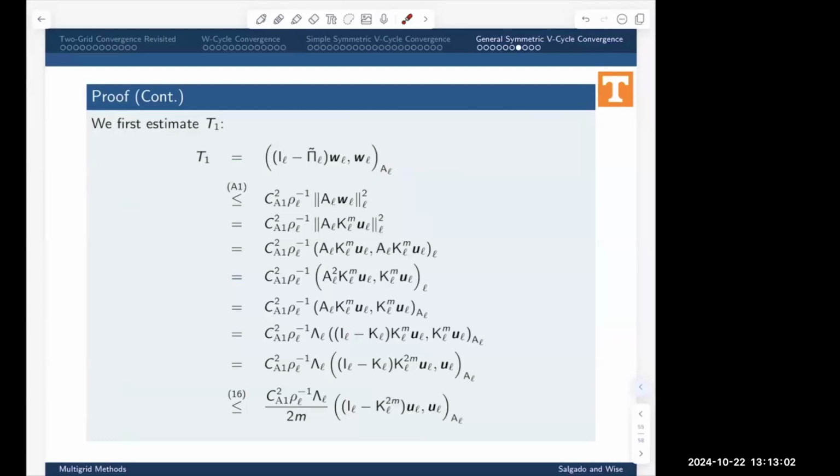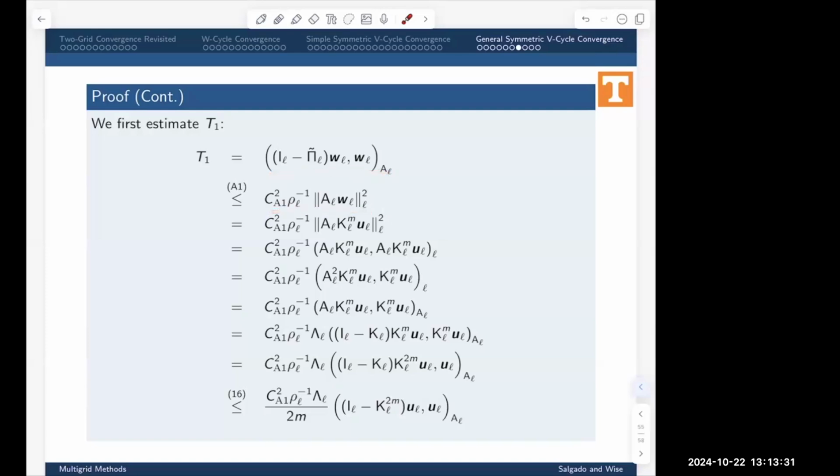So let's attack T1 first, and this is fairly similar to what we had last time. Owing to the weak approximation property, that's the A1 property, we get this line here. If you look at what the weak approximation property says, it's exactly saying that this object is less than that.